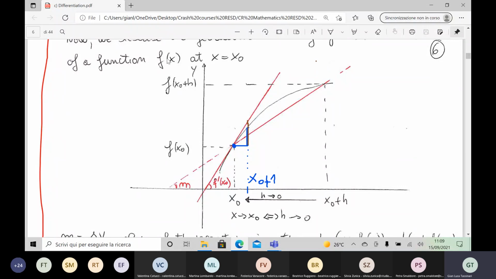So f of x is the function, and the derivative of the function is another function called f prime of x. In particular, the derivative of a function evaluated at the point x0 is the slope of the tangent line to the graph of that function at the point x0. So it is the slope of the tangent.